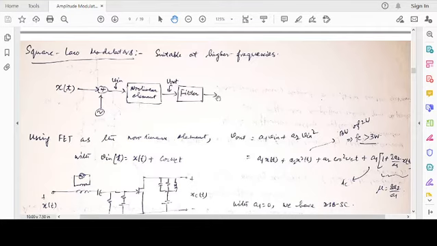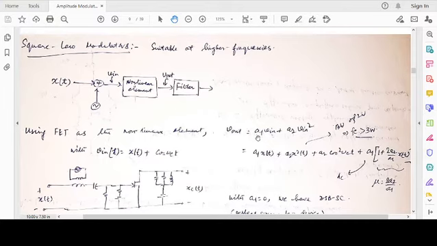The output signal is passed through a filter. Because this is a nonlinear element, if it's a square law device, the input-output relationship is a1 V_in plus a2 V_in squared.